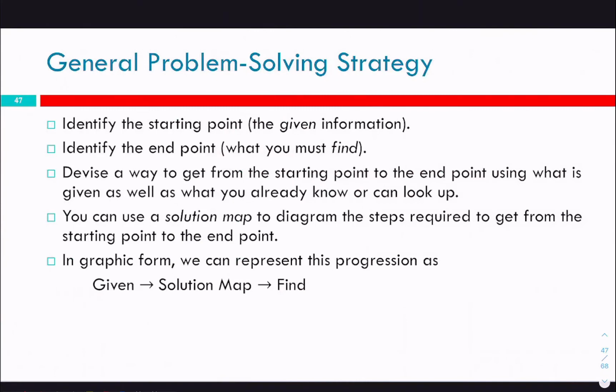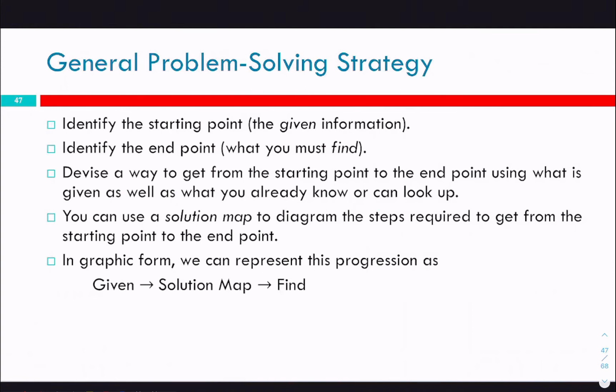So as a general problem-solving strategy, identify the starting point. This comes down to any word problem. If you have any word problem, try and break it down into the important pieces of information. Underline, it gives me this number, underline that. And then write it down in the area where you're going to work out the problem, this is given as these units.